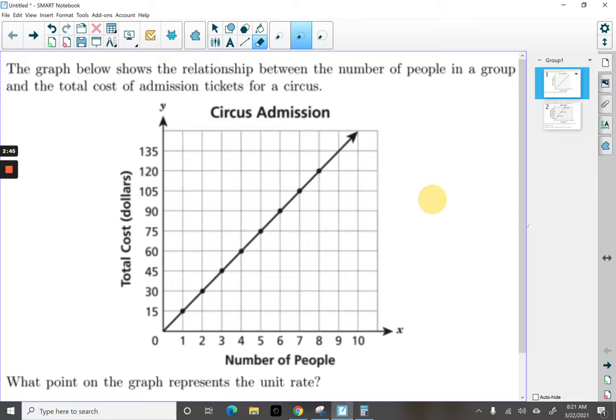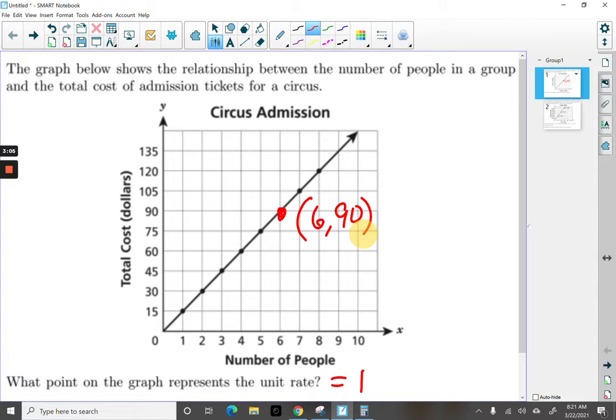Okay. Now, specifically talking about unit rate right here, which is what this question is asking. The unit rate of anything is a number compared to 1. And that's always what you need to remember when you are looking at a unit rate problem. Now, we've actually already done this. When we took our coordinates, just point out this one right here once again, (6, 90), we actually found out exactly what the unit rate was in this problem by taking our y value, dividing by the x value.